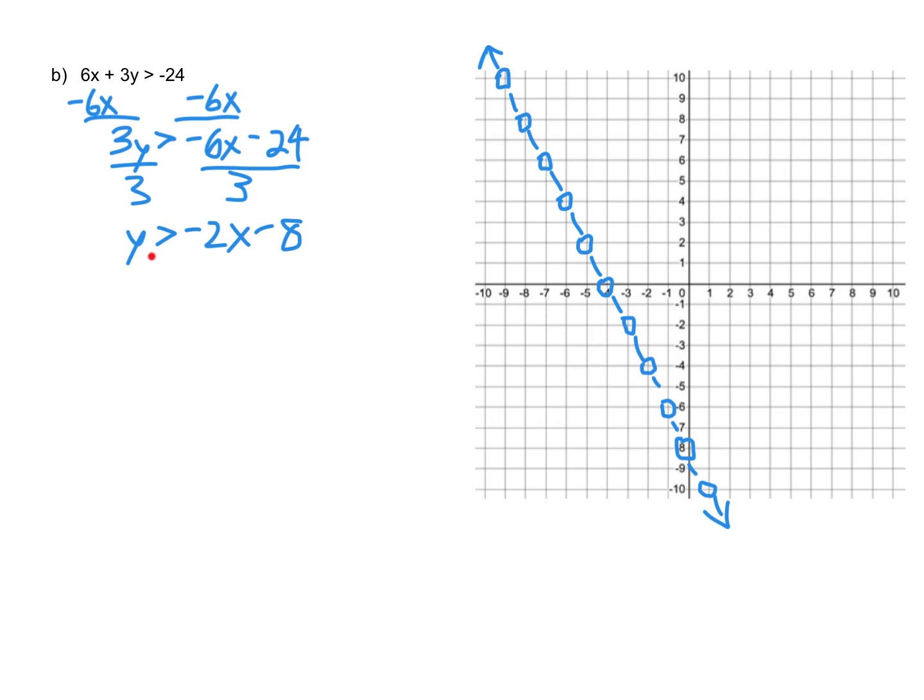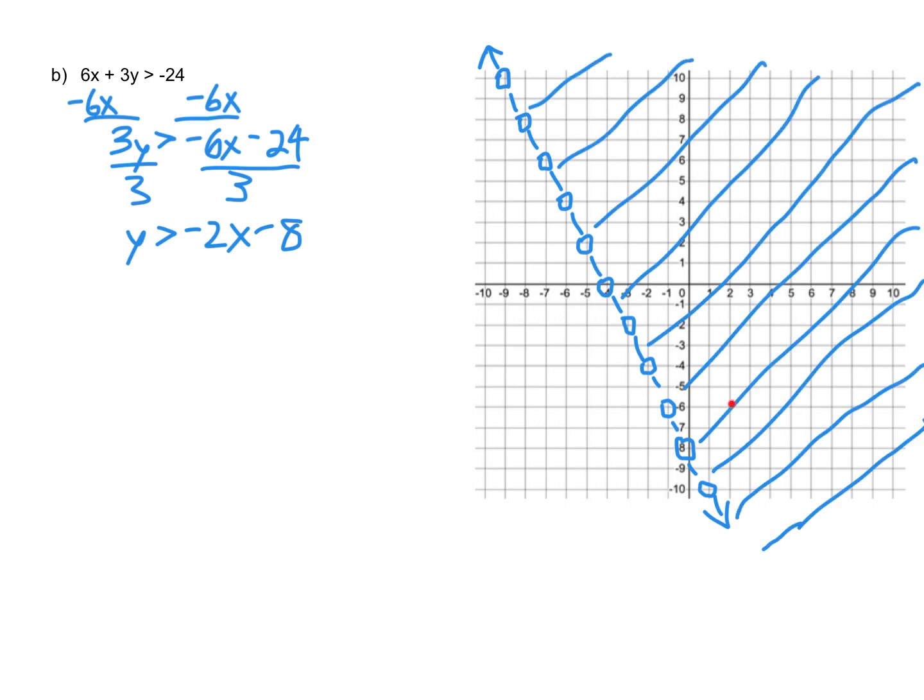Since it's y greater than negative 2x minus 8, we ask ourselves, is that shading above the line to the right or below the line to the left? Again, refer back to that first page to see what that would look like. And we see that we're going to shade above the line, so that's to the right. Just ask yourself, which side is greater? Right, this is bigger than the negative side, so that's why I'm shading on the right, above the line.